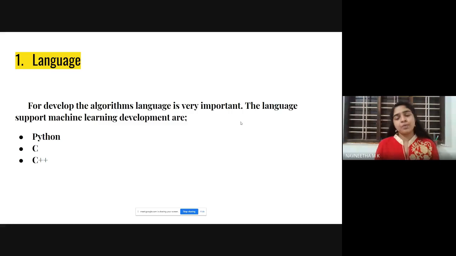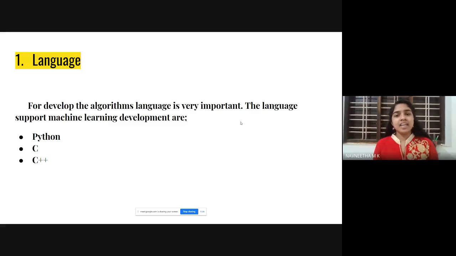First one is language. For developing anything, the language is very, very important. Without knowing the language, we cannot do anything. The languages that support machine learning development are C, Python, and C++. These are the familiar languages for developing machine learning.